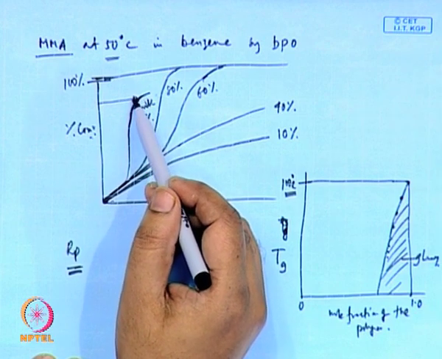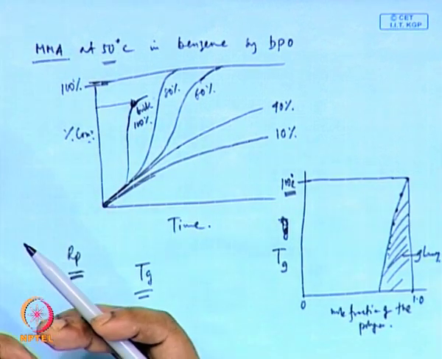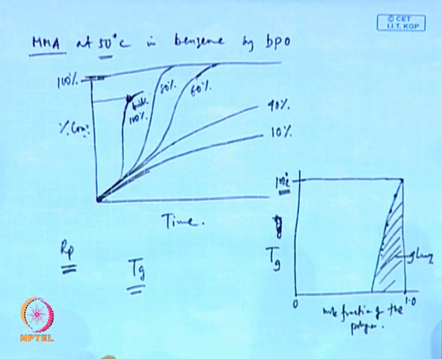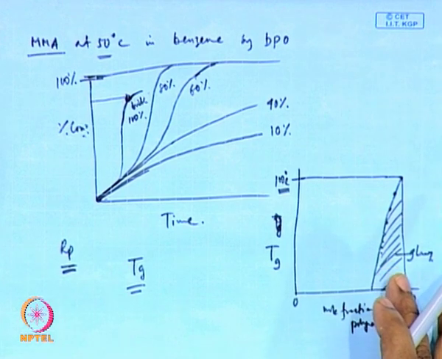Okay. So, once the polymer becomes glassy, then the kinetic chain cannot participate in the reaction and cannot make new polymers. Below the glass transition, it cannot participate in further polymerization.